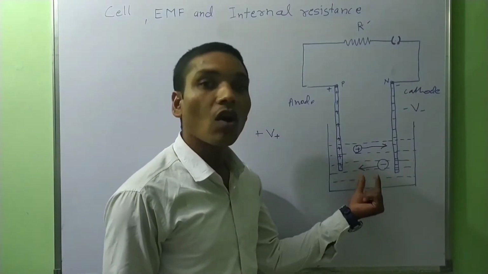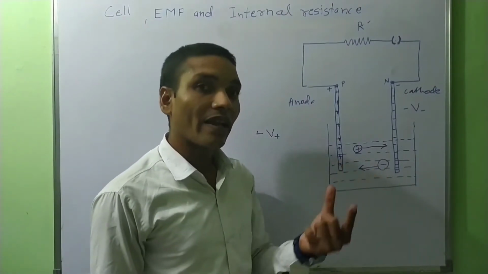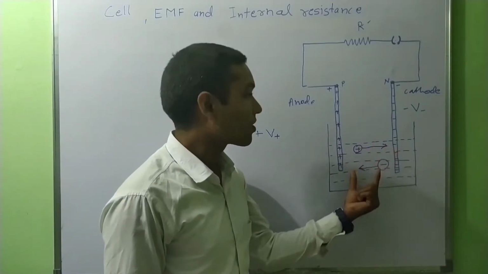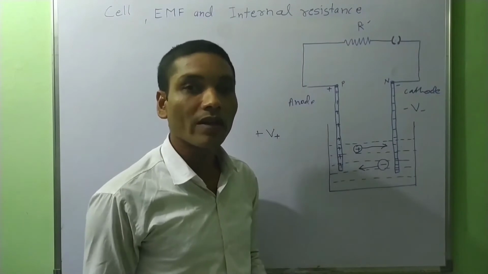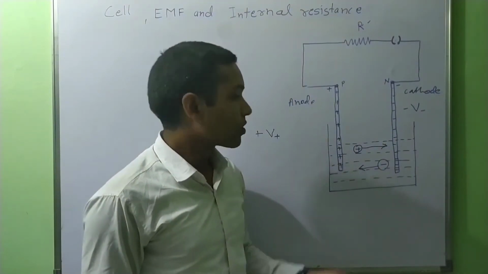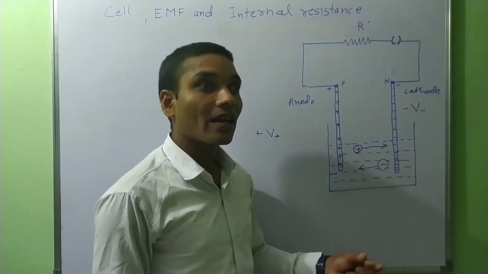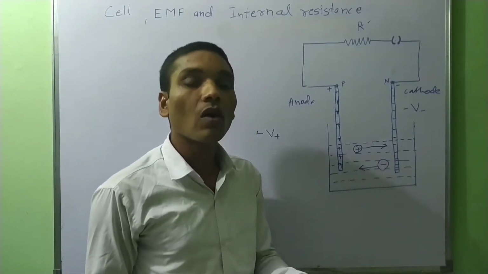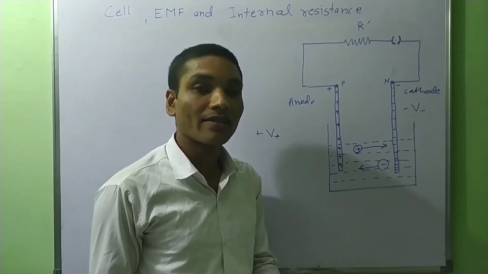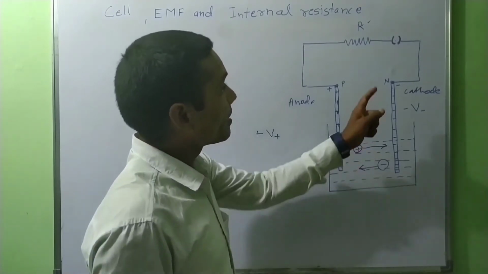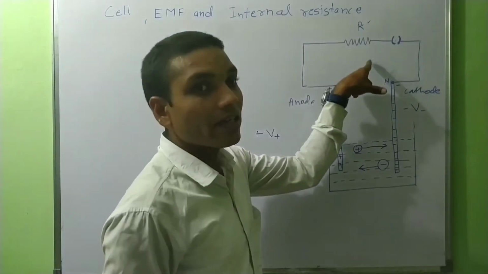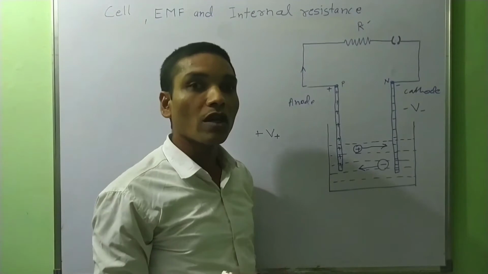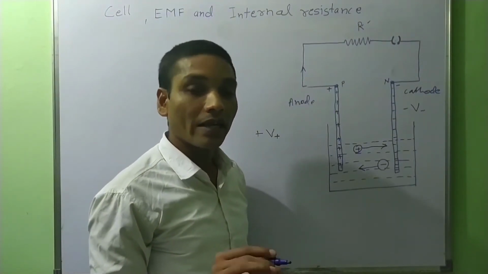Due to the motion of the ions of electrolyte, current will be flowing inside the electrolyte. So inside the electrolyte, current is flowing due to the motion of ions, positive ions and negative ions. And in the external circuit, current is flowing due to the flow of electrons.